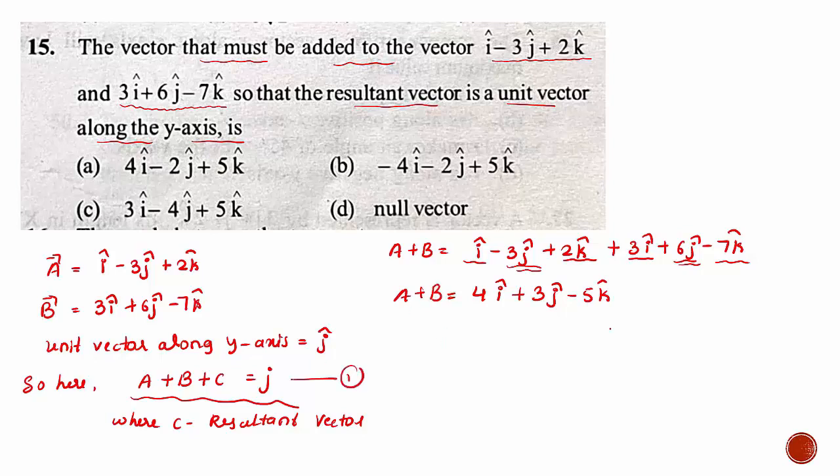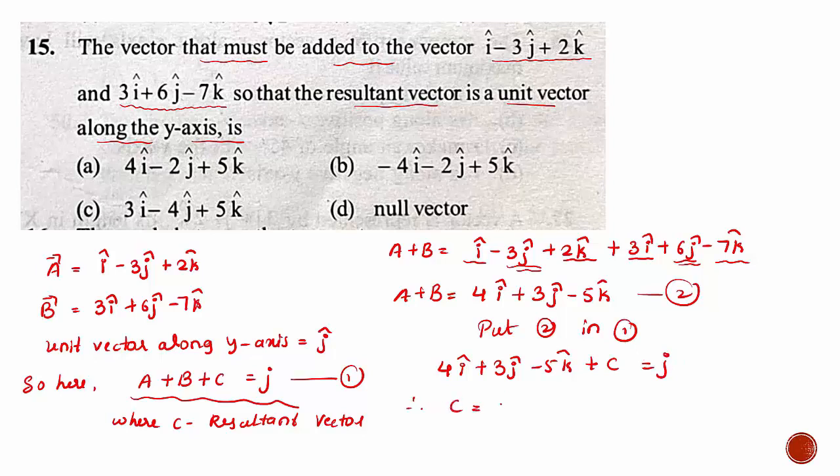Let us take it as equation 2. Put 2 in 1. A plus B is 4i cap plus 3j cap minus 5k cap, plus C equals j. I want the resultant vector, so we can write C equals j, keep as it is, minus 4i cap plus 3j cap minus 5k cap.